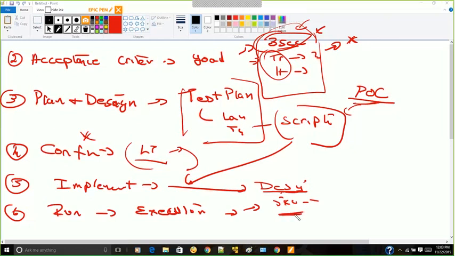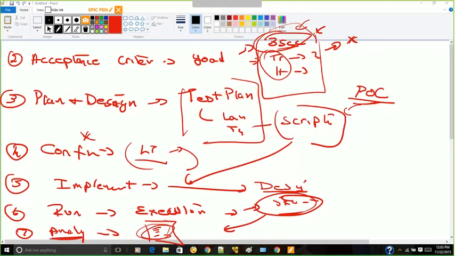Seventh one is analyze. After you run the test, you will see what the response time is and where it's going slower. Whether it's correct or not correct, you will prepare the report. Everything is in the analyze step.